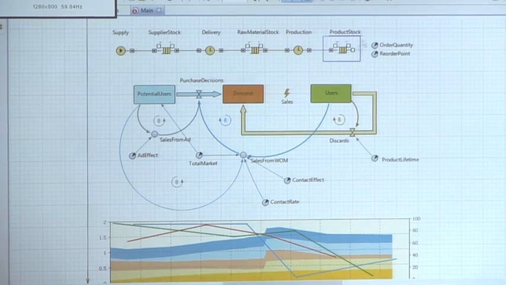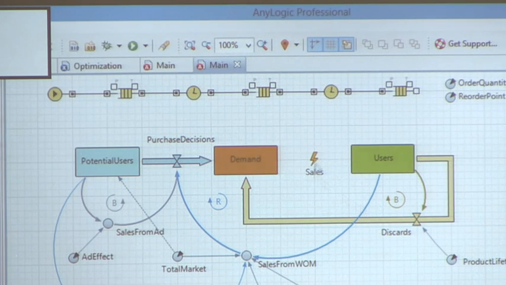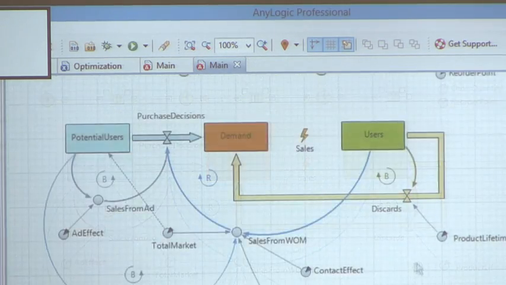The process ends with the queue block. Okay? And it is the sales event that links this guy and these two. So what goes on here is that this is a kind of pretty regular supply chain.